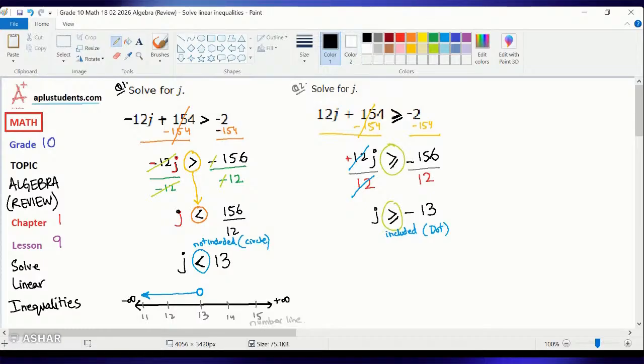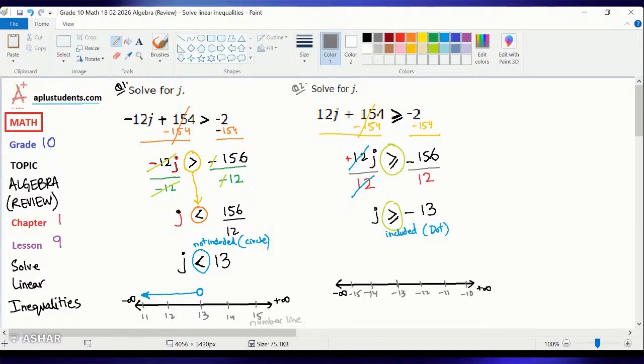Let's draw a number line. We know that the left side is negative infinity and the right side is positive infinity. It can extend to positive infinity. j is greater than or equal to minus 13. Can we put minus 13, minus 14, minus 15, and let's suppose minus 12, minus 11, and minus 10.